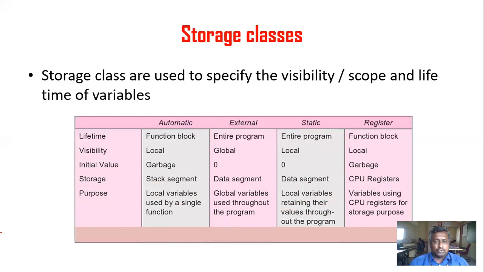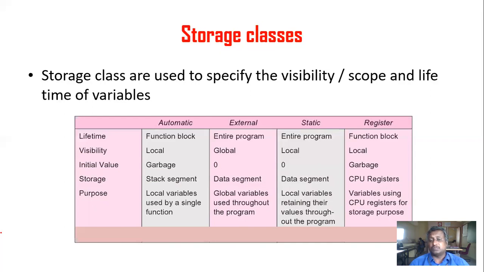Now you should know the purpose: when to use these storage classes. We use the automatic storage class when local variables are used by only one function. If you want a global variable with access throughout the program, we can specify it as an external variable.